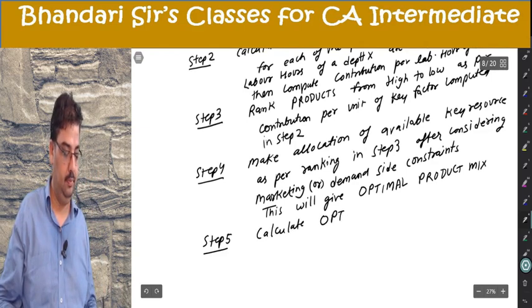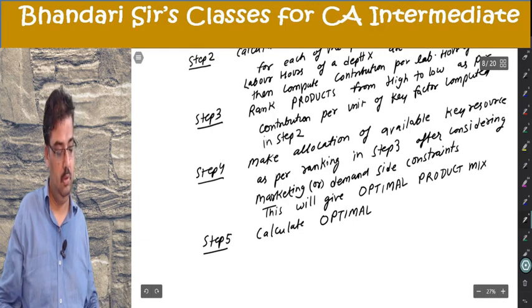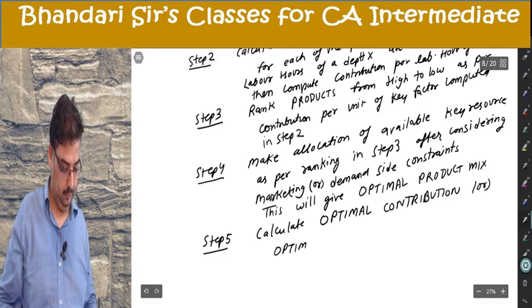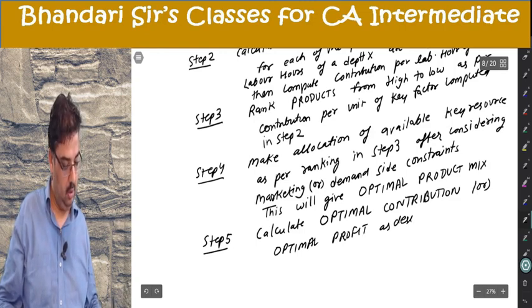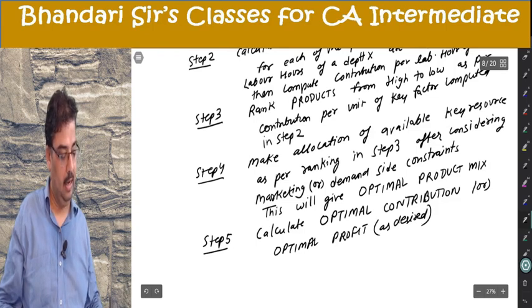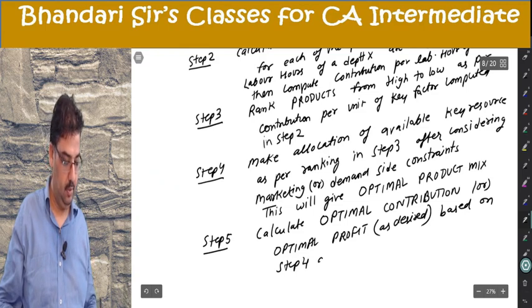Step 5. Calculate optimal contribution or optimal profit as desired, based on step 4 allocations.